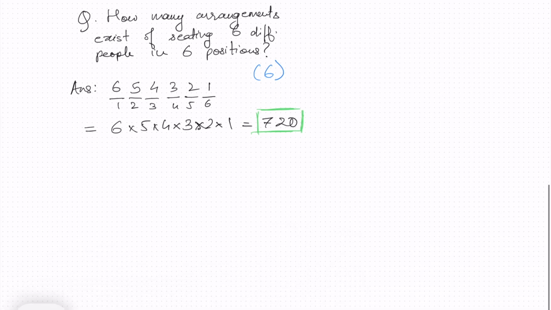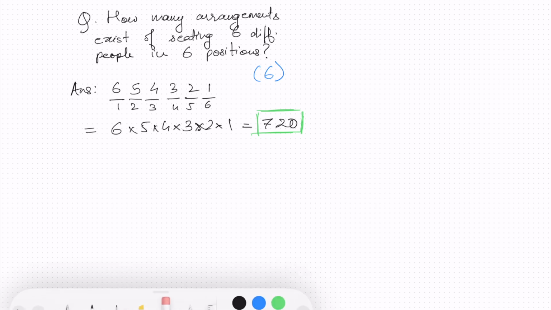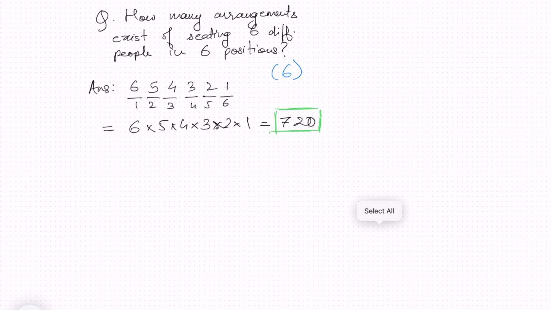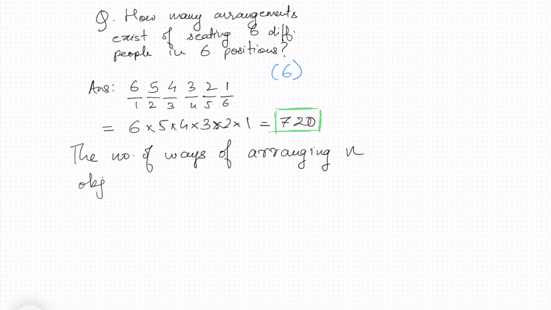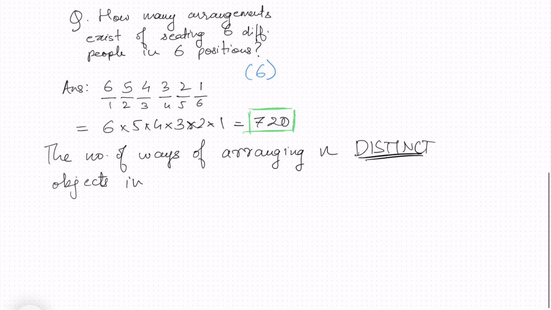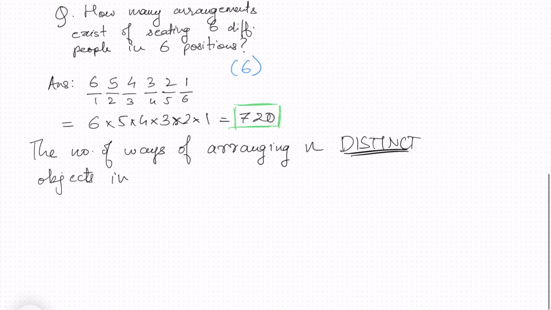So this gives us a common pattern, that the number of ways of arranging n distinct objects. Distinct, you can interpret as also repetition of the objects is not allowed.